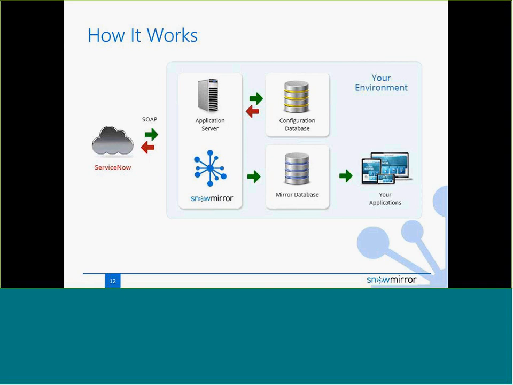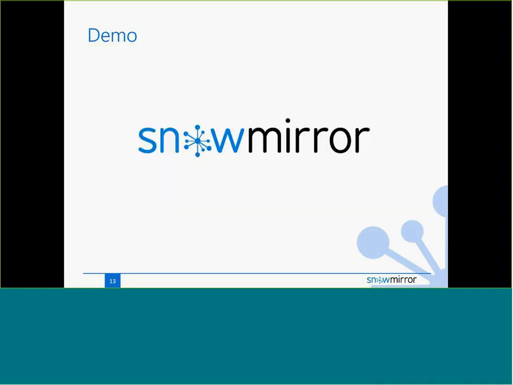By default, as you will see during the installation, you can use the configuration database as an H2, which is a type of file database, so it is not that complicated to set up. So for evaluation purposes, you need a username and password to ServiceNow, a machine to install SnowMirror on, and an empty database. And that's it. We'll see how to install it.